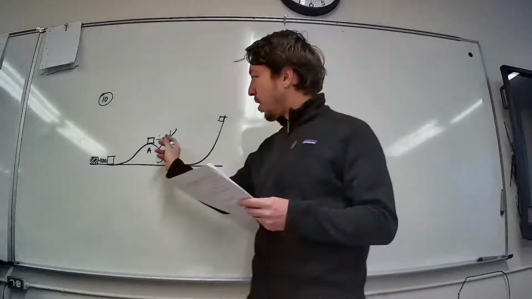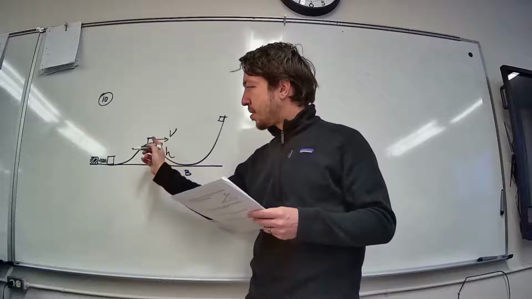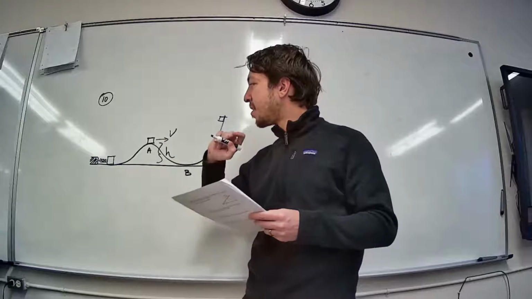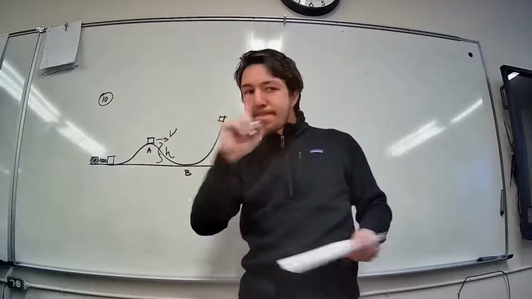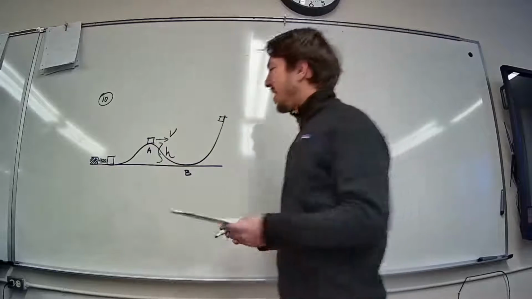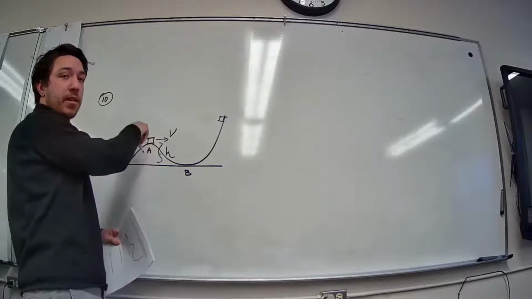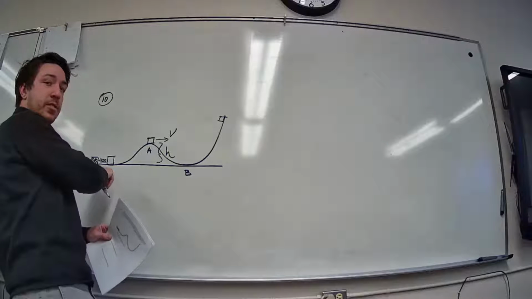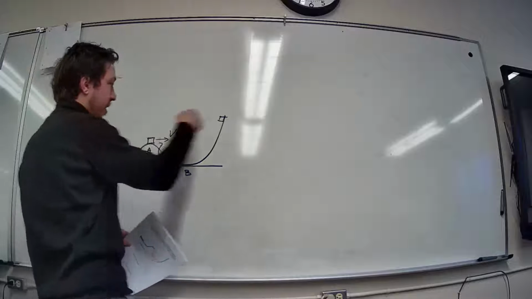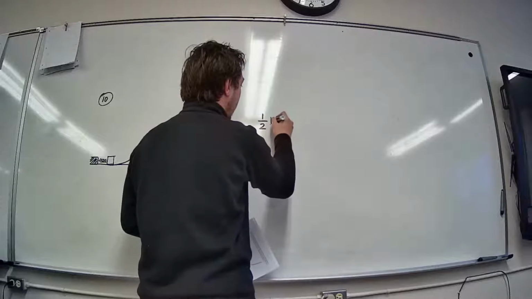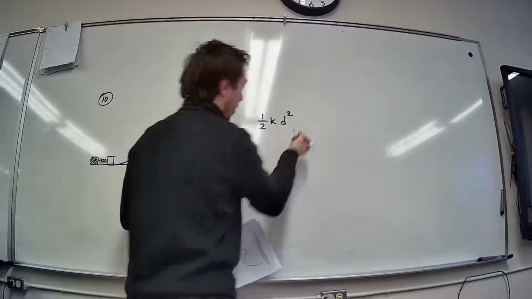So what equation can I write that relates the state of the system here to the state of the system here? Up here is going to be mgh and also 1/2 mv squared. But over here, all the energy is just stored in the spring, so I'm going to write 1/2 kd squared.